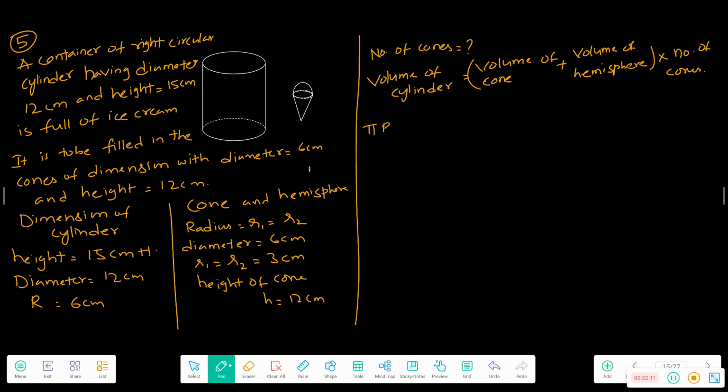So the volume of cylinder, that is pi R square H, is equal to 1 by 3 pi R1 square H1 plus 4 by 3 pi R2 cube. Here it is a hemisphere, so it is not 4 by 3, it is 2 by 3 pi.